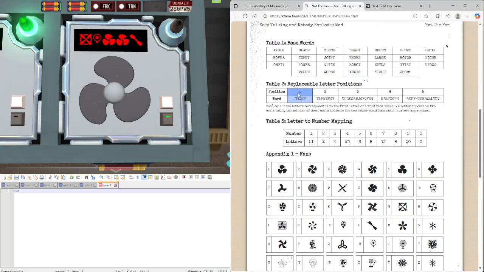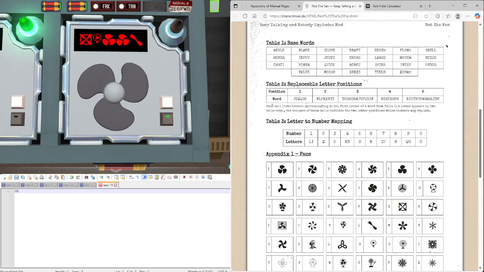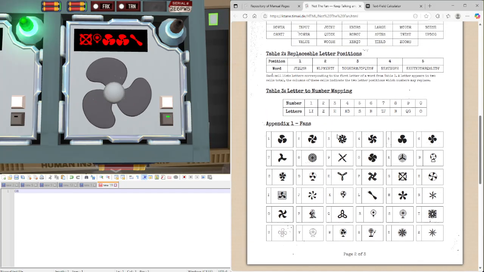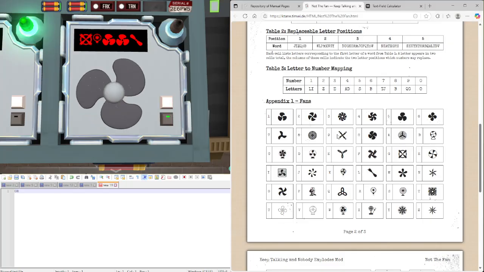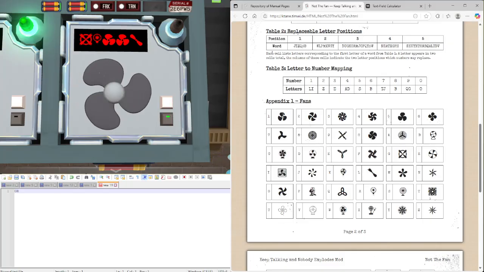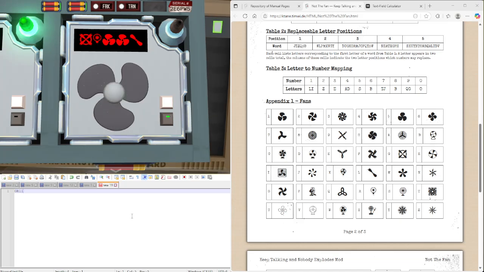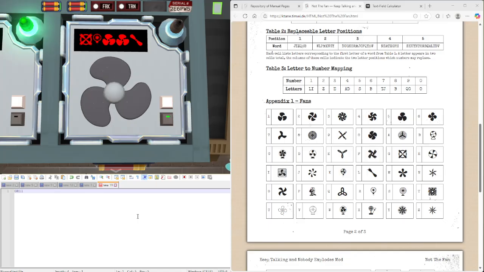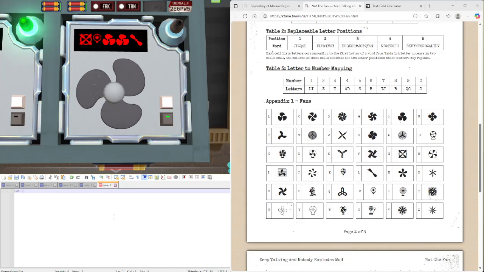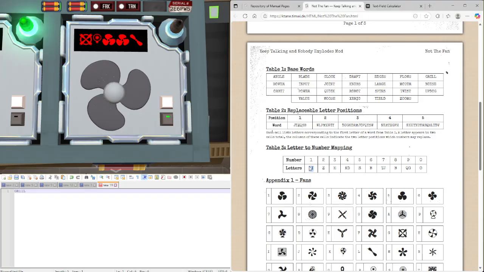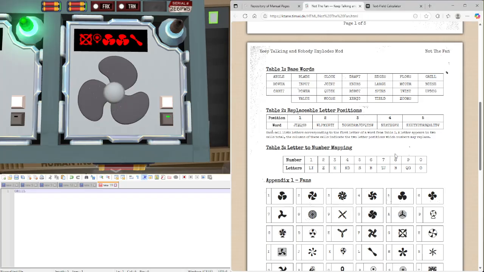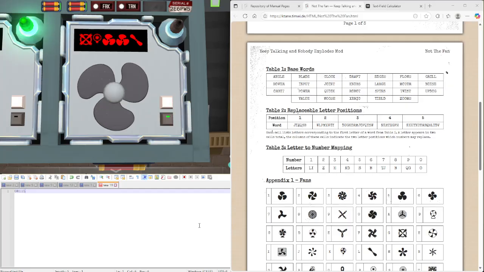Yes. Then we have 1 and 1 again. And then L. Because, funnily enough, I and L actually convert to the same letter, hence why we have 2 1s there.